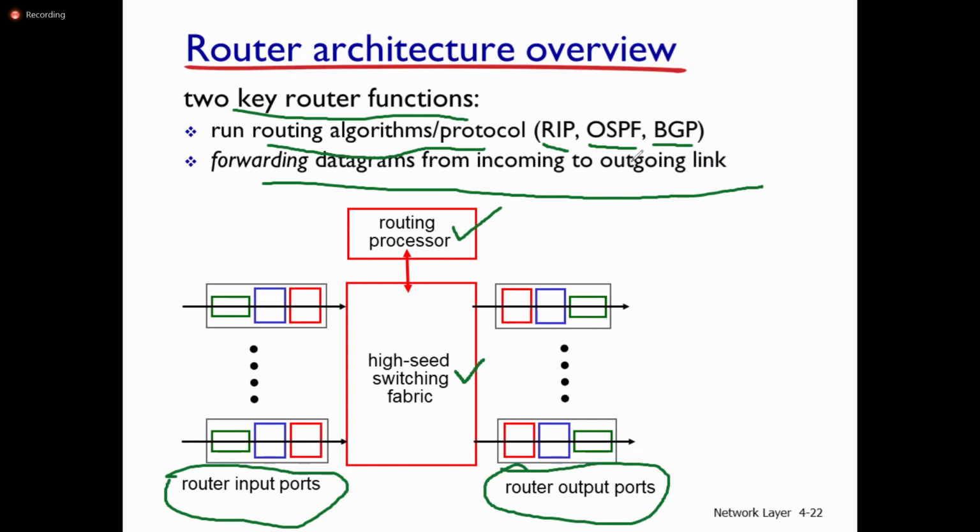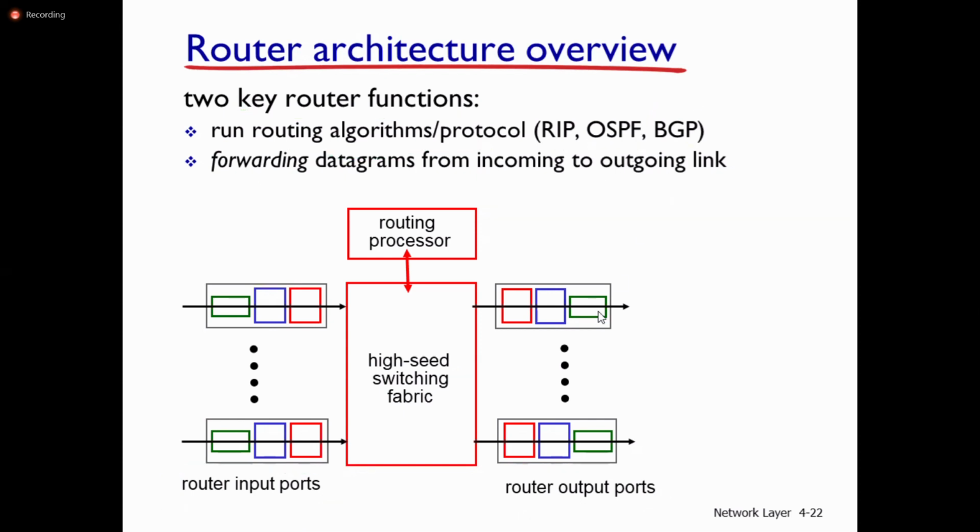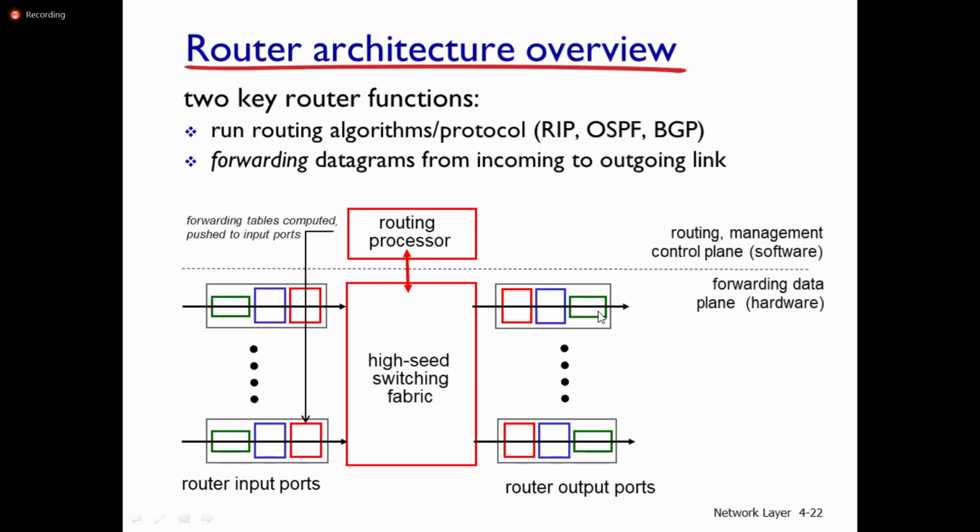We are going to discuss this in router architecture. Forwarding tables are computed and pushed to the input ports. The routing management control plane is software, and the forwarding data plane is hardware.